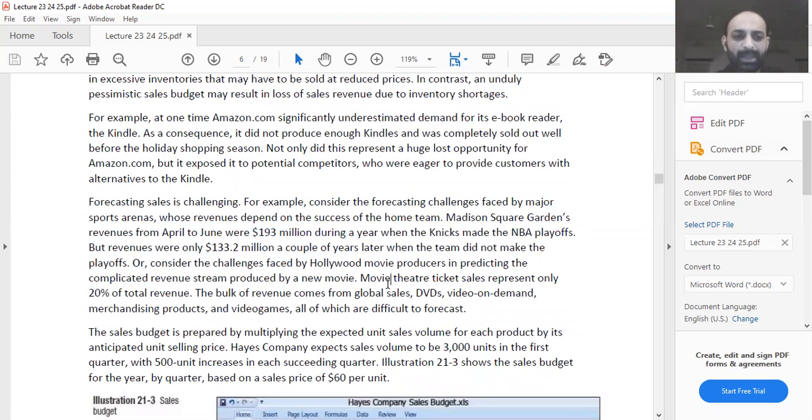So sales can be affected by a lot of external factors, which maybe you are not in a position to foresee at the time of making the budget. So it is very important that you always keep in mind all these constraints and all the unknown factors which can have a big impact on the budget that you have made.